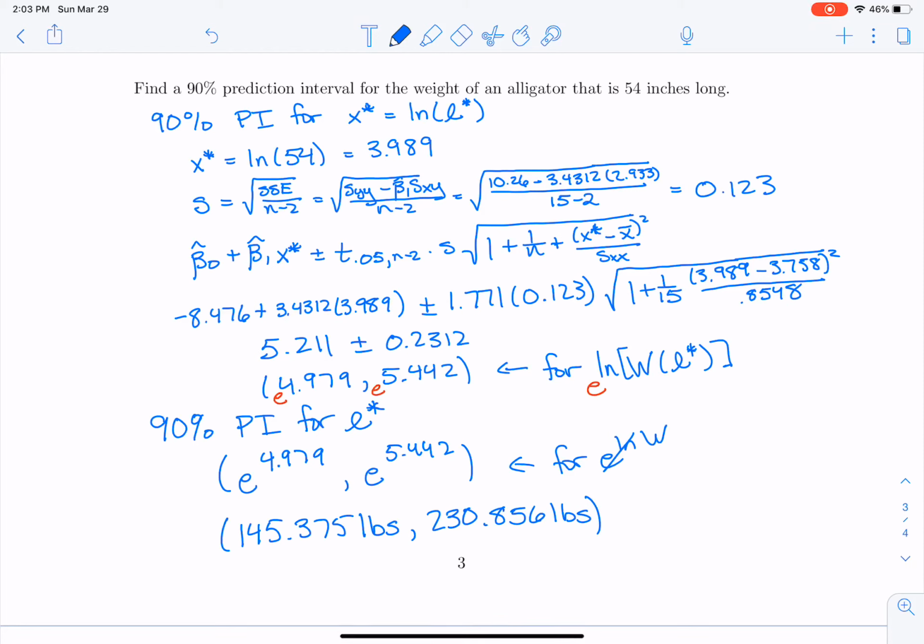Okay, and so that is my 90% prediction interval for the weight, which depends on L star.